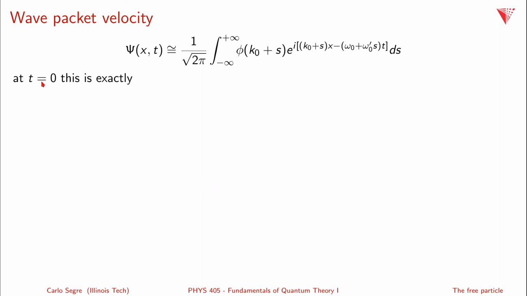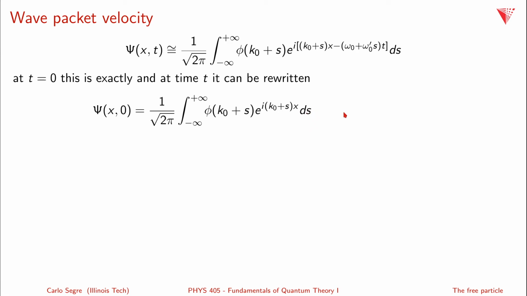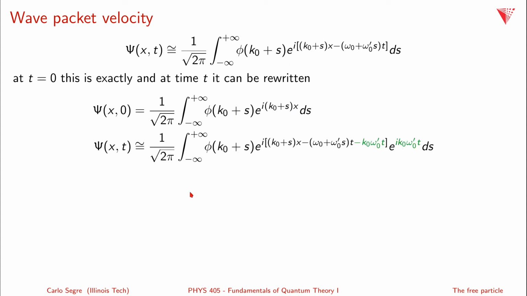At t equals 0, right? So if we set t equals 0, this is exactly this value. So psi of x and 0 is equal to 1 over the square root of 2 pi, integral from minus infinity to infinity of phi of k sub 0 plus s, e to the i (k sub 0 plus s) x ds. And at time t, we can rewrite this in the following way.